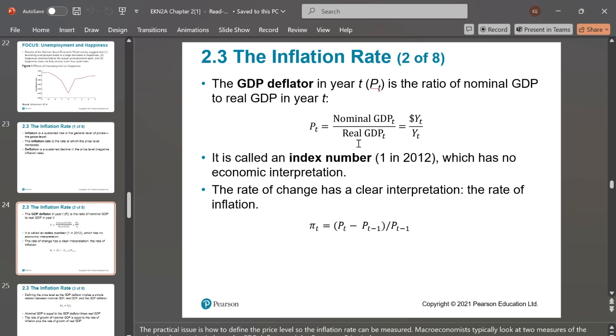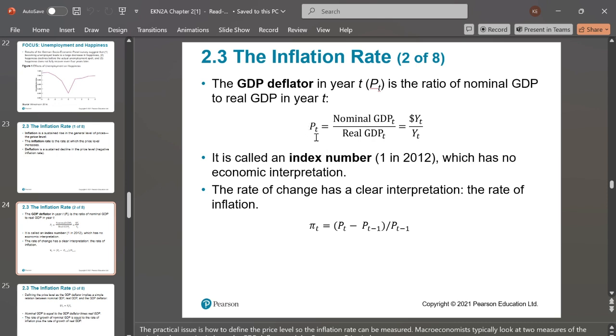And then we go to GDP deflator. We basically use it to get your real GDP, because sometimes your real GDP is not given. So when you're given your GDP deflator and your nominal GDP, you can use it to calculate your real GDP. And I'll show you how in just a few. So GDP deflator is basically the ratio of nominal GDP to real GDP.